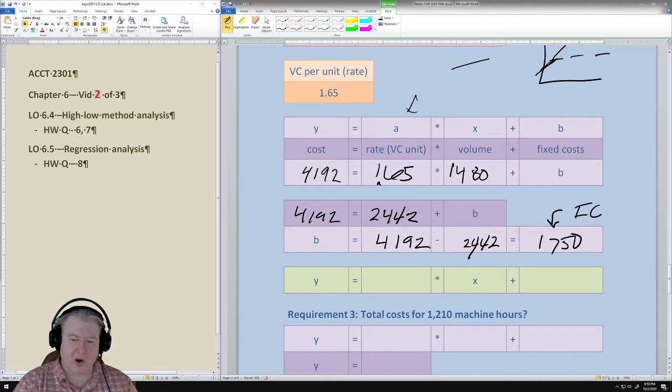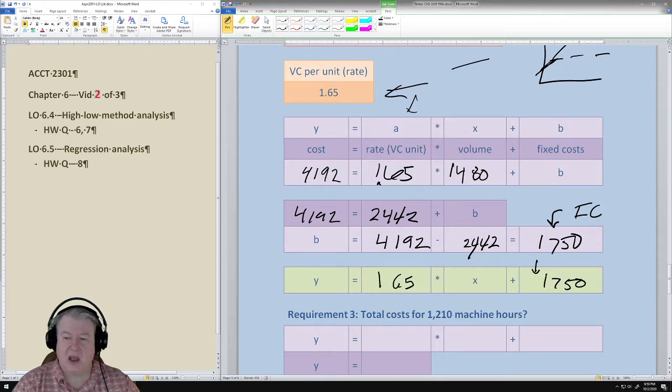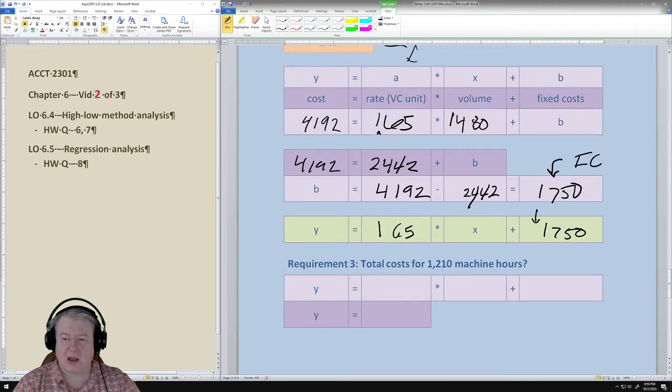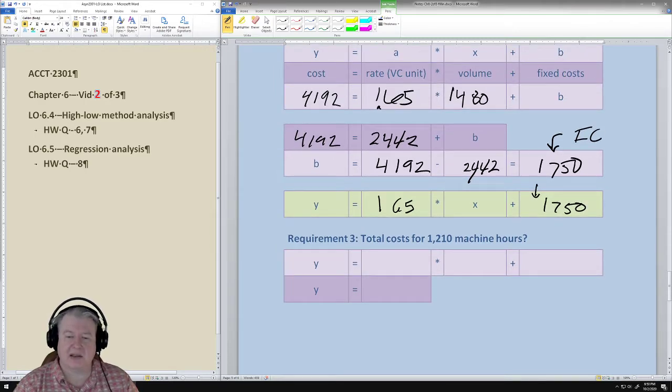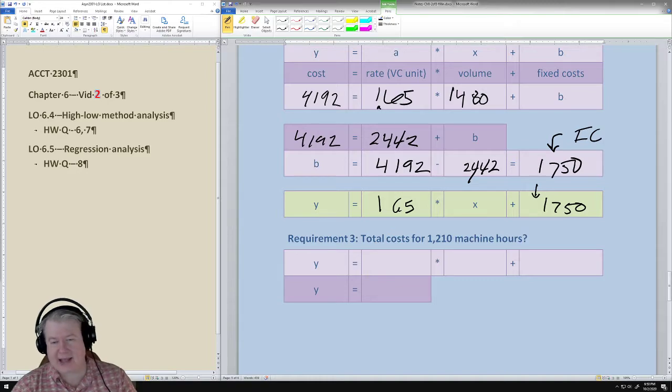So when we have our equation, we already have figured out the variable cost. That's the variable cost, the 1.65. And now we just pull this down. This is our fixed cost. And that's our equation. So when the third part of the question asks, and if you notice, this is exactly the same one, figure out your cost equation and then give me a cost for a new volume.